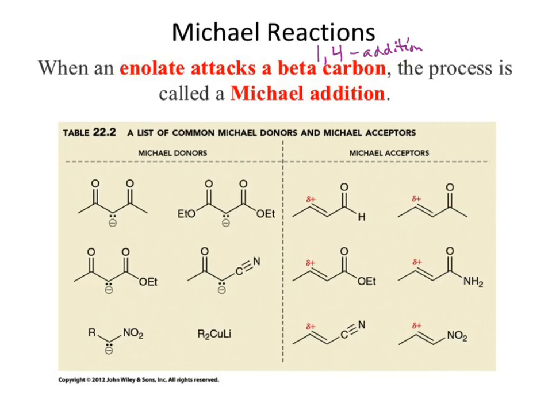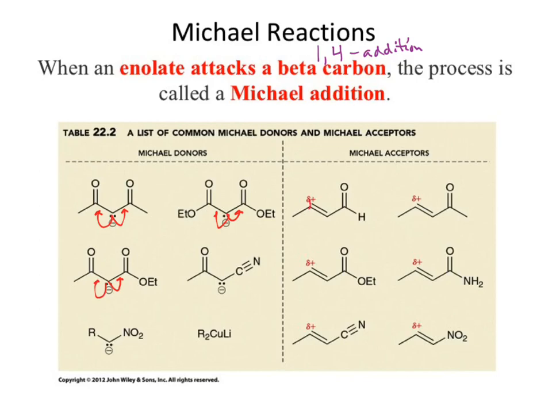So if we take a look at the table here, what they're trying to show is a variety of Michael donors. You mean nucleophiles? You mean enolates? Yes, that's exactly what they mean. So look, we have the double resonance. Double resonance. I'll deal with the rest in a second. And then Michael acceptors.